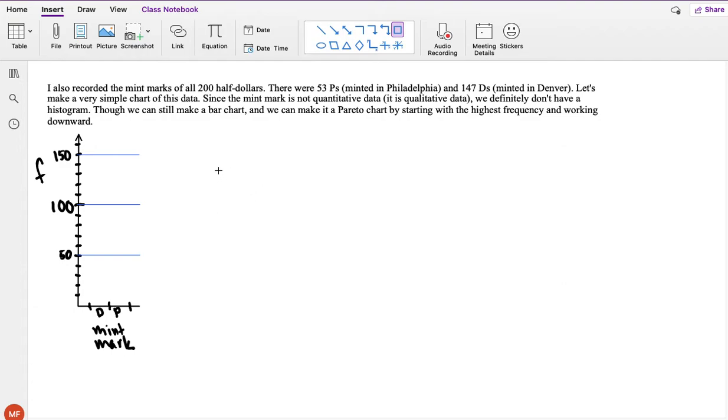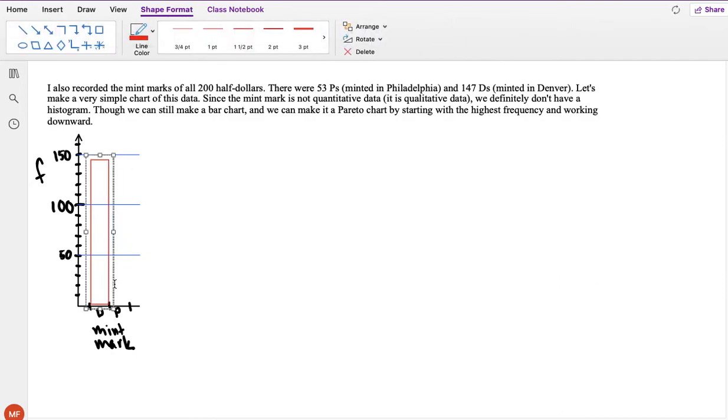Anyway, moving on. So we want 147. In order to make this reasonable in terms of the amount of time it takes, I made my scale so that each mark here corresponds to 10 coins. So 147 would go up to almost 150, but not quite. Okay. So about right there.